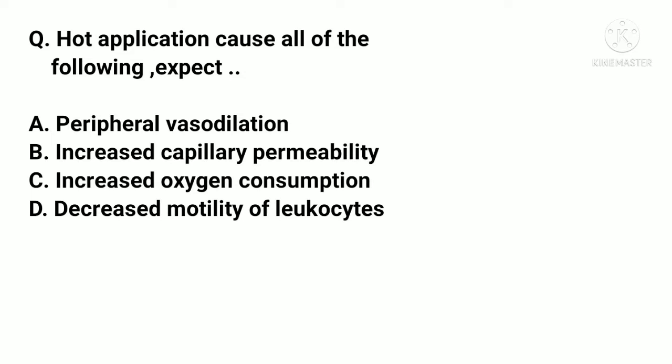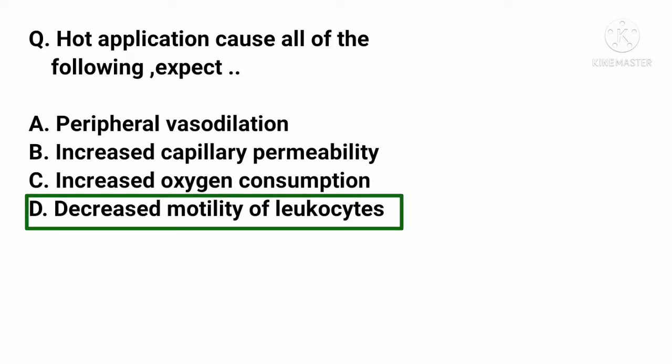Hot applications cause all the following except A. Peripheral vasodilation, B. Increased capillary permeability, C. Increased oxygen consumption, D. Decreased motility of leukocytes. And the correct answer is D. Decreased motility of leukocytes.